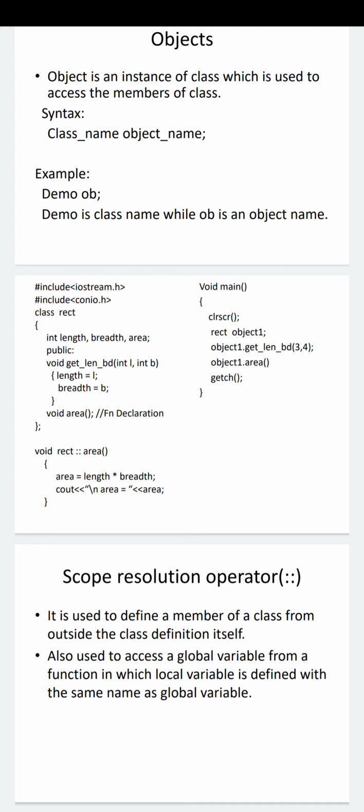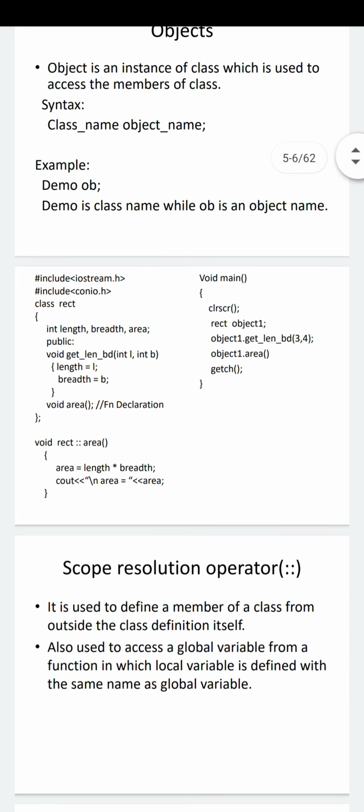Once this function is completed, then the control comes back to the main function. So as it comes to the main, this L and B, which were the local variables of the function get length breadth, will be destroyed. So now we are not concerned about L and B, because we have already assigned the values of L and B to the class variables, that is length and breadth.